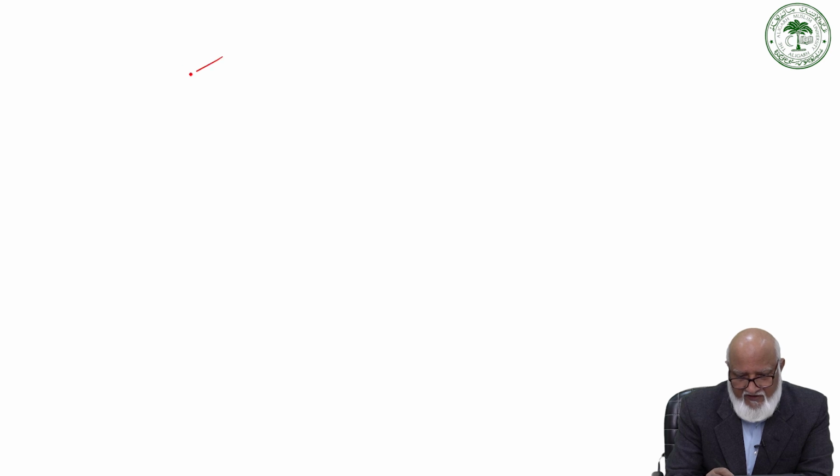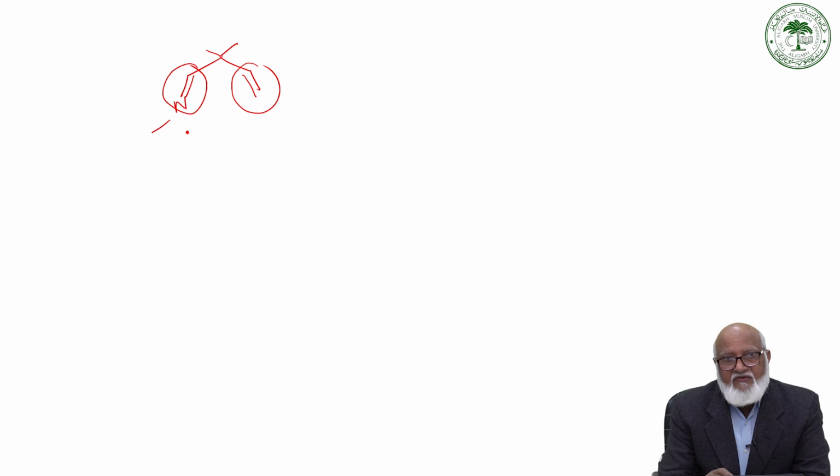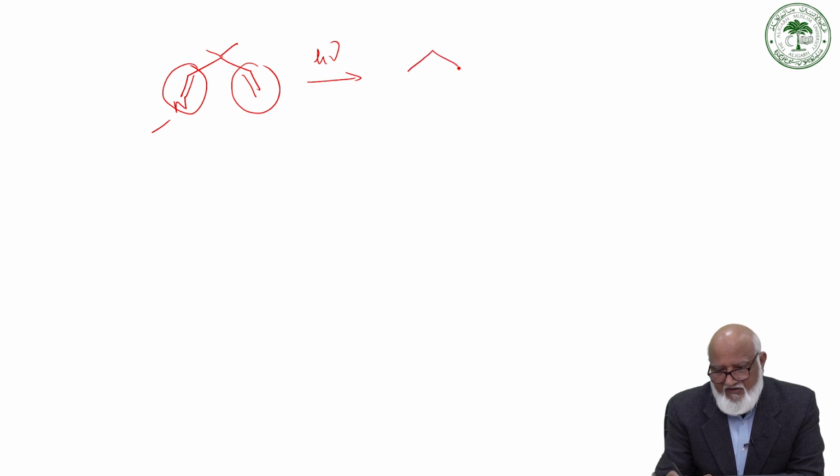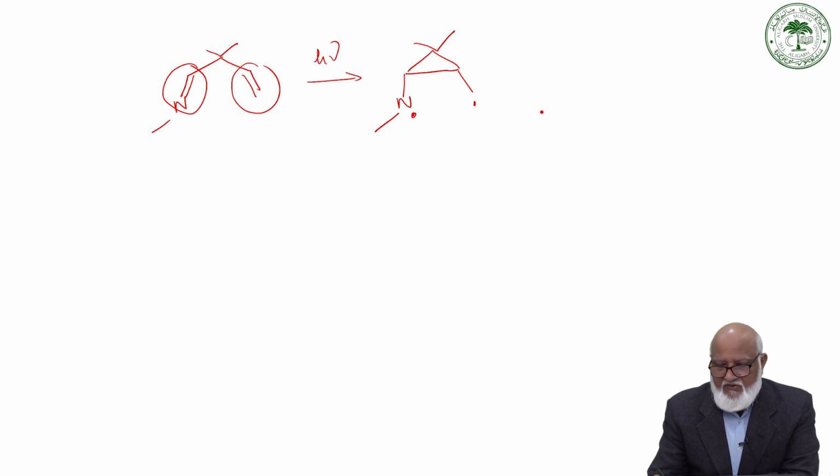If we have a system like this, N C double bond O, then of course you have one pi bond, and the other pi bond is not a C double bond C but a C double bond N. Under photolytic conditions we expect a similar rearrangement, like this N radical and then the CH2 radical again. Here there is a possibility of converting this to a double bond and cleaving this.